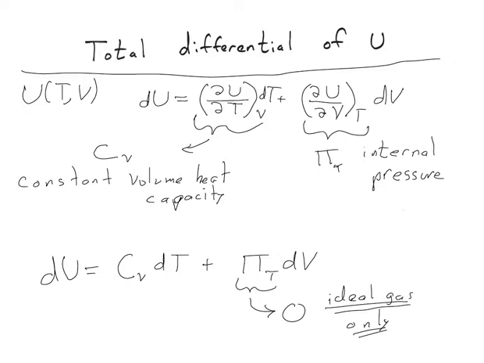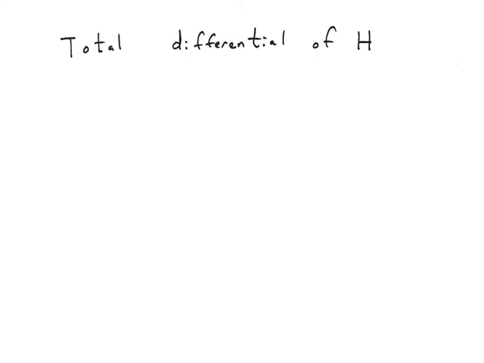All right, moving on to enthalpy. You should be able to do a total differential for this. I will give you that it's conventional to say that enthalpy is a function of temperature and pressure. We'll see later that this is a very convenient definition. For now, just accept that.